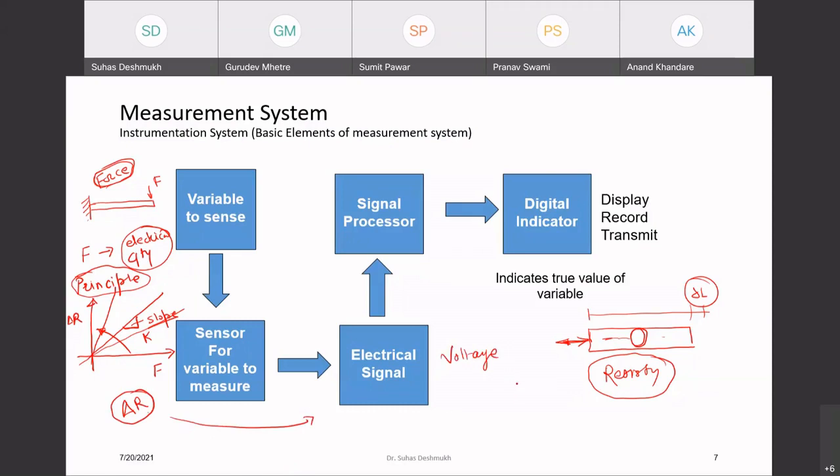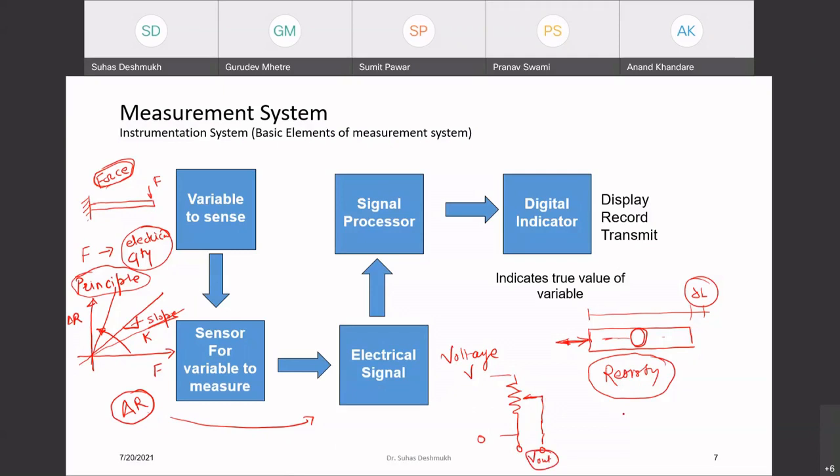I know the potentiometer as a basic principle. Whenever I apply a voltage here, 0 to some volt, I can measure the voltage across these 2 points. And whenever there is a change in the position of this, I can get the output voltage. That is the potentiometric principle.